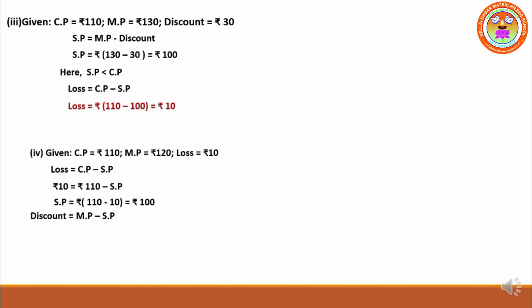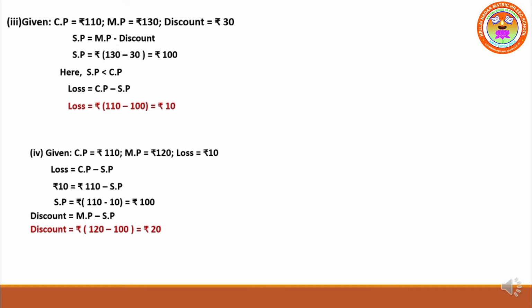So this formula we are going to use and we are going to find the discount amount for this. MP is given as 120 and SP we have found as 100 rupees. On subtracting these, I will get the discount as 20 rupees. That is the answer. 20 rupees is the discount for this fourth sum.